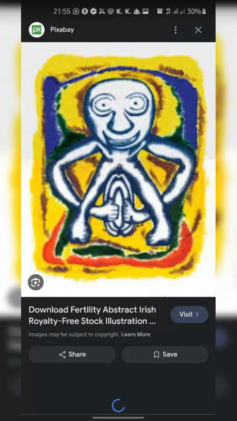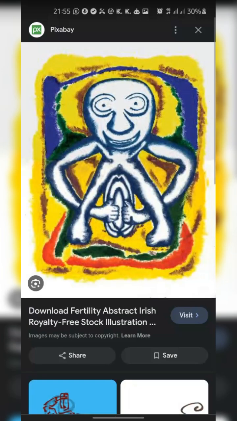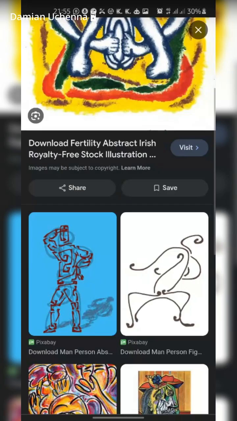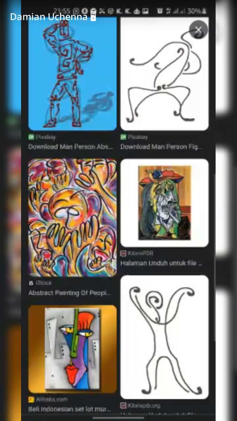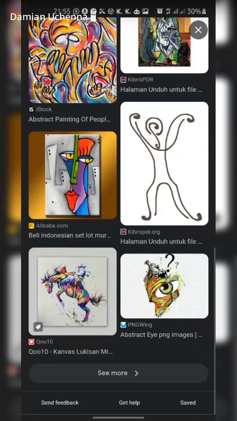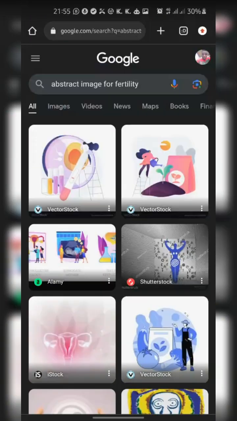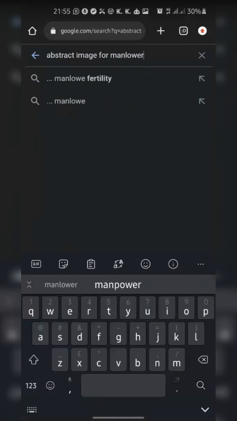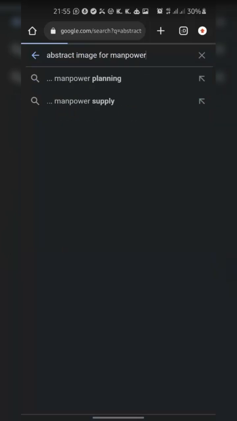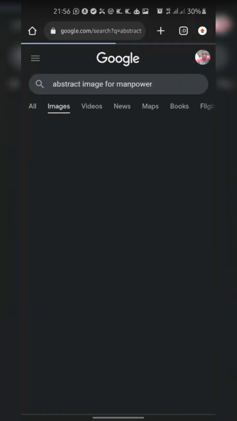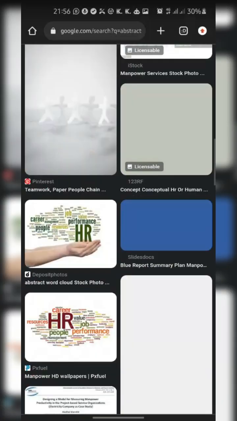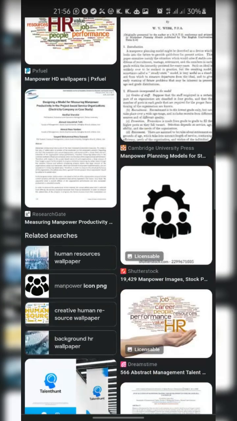Now, in as much as this is a gory image, if you know what I'm talking about, then you certainly know what this image is about. They won't give me what I'm looking for. But then, let me just go over to my gallery and show you one or two stuffs there.